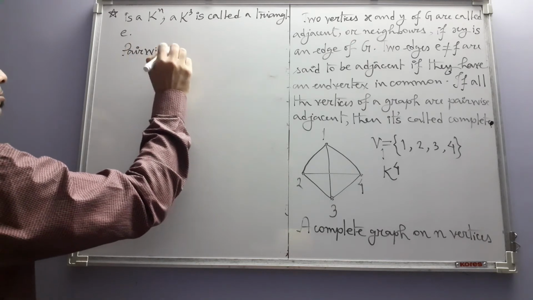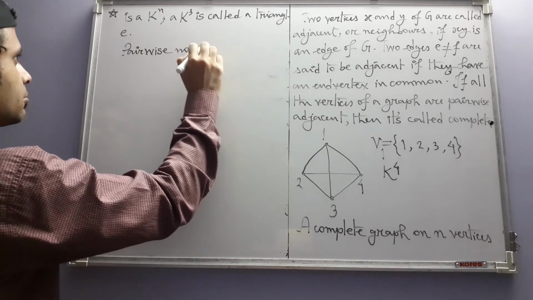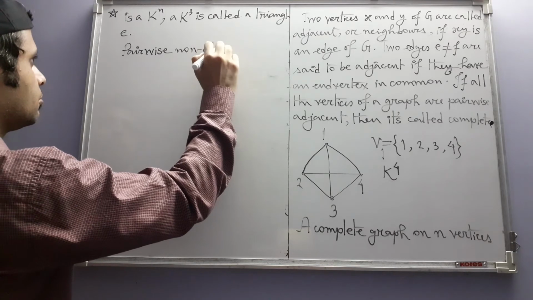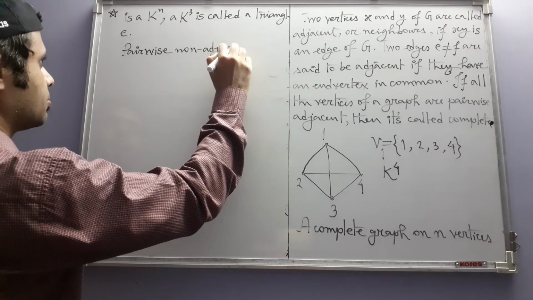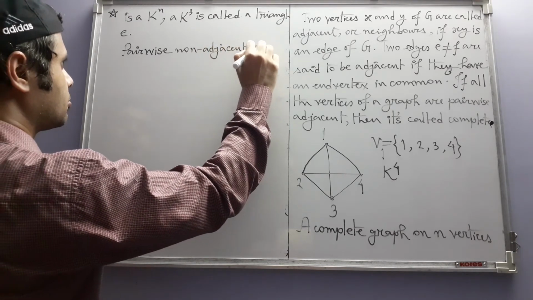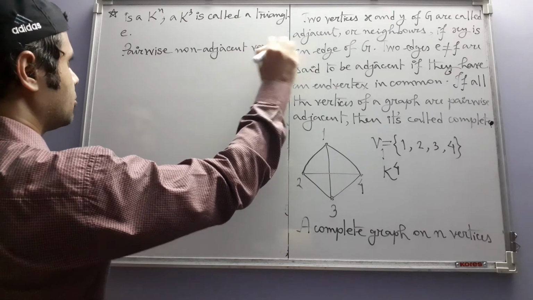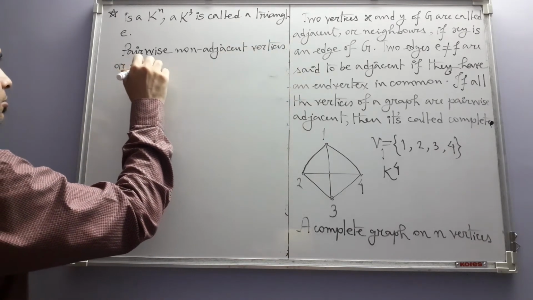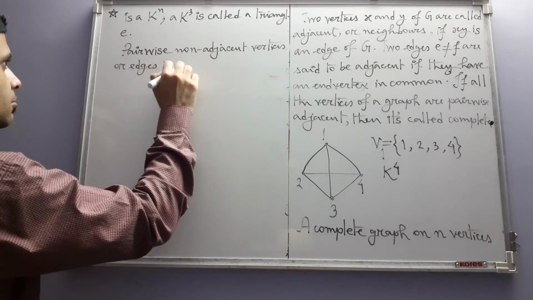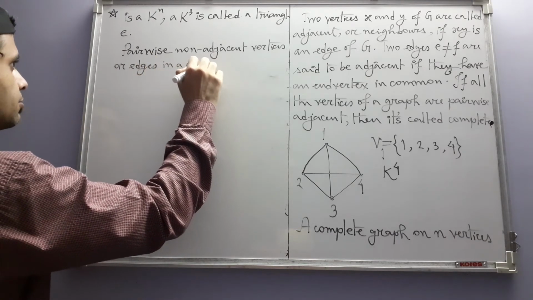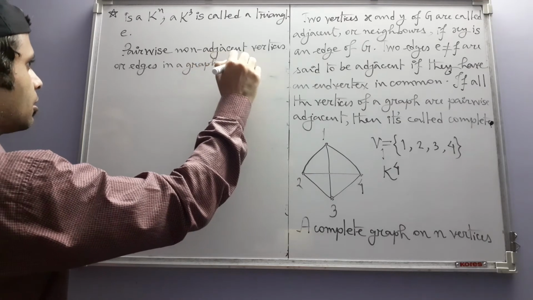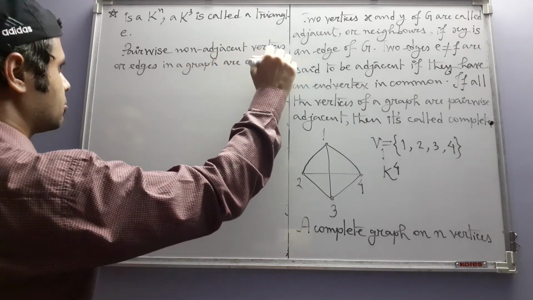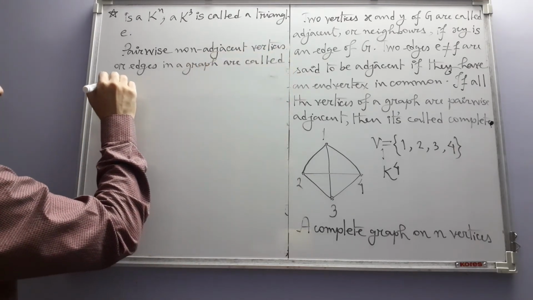Pairwise non-adjacent vertices or edges in a graph are called independent.